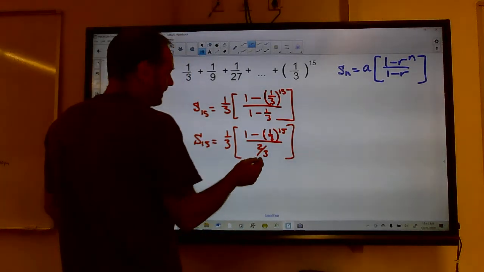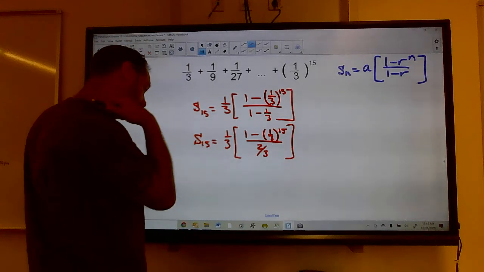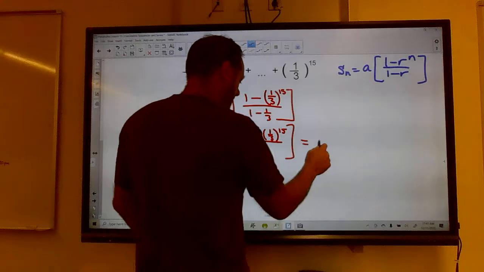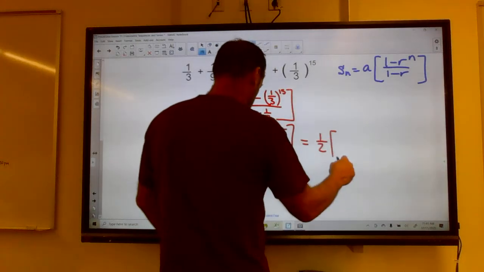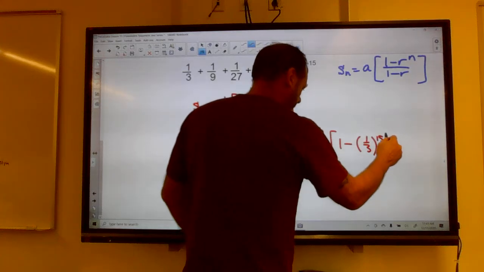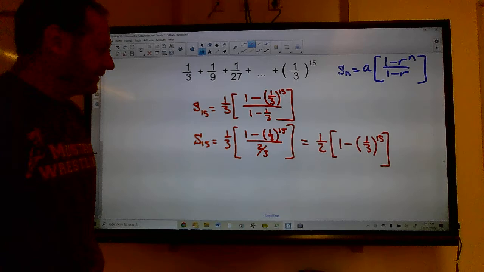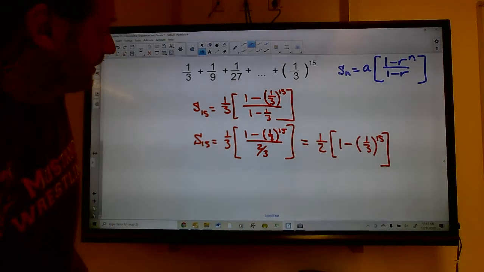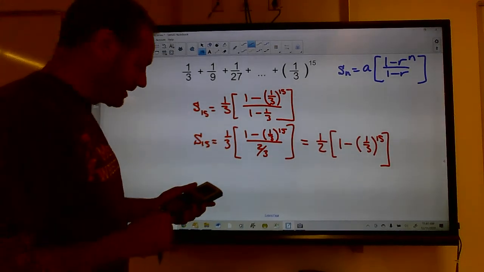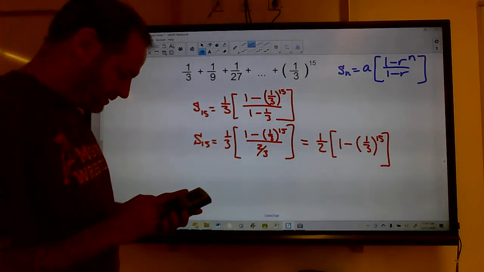And let's see, I can invert this and multiply, so the 3's are going to cancel, and this is going to end up being 1/2 of 1 minus 1/3 to the 15th power. Okay, so I'm going to get out my calculator at this point.